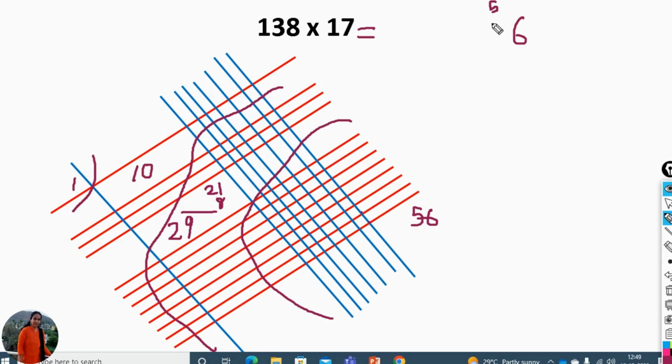So 29 plus 5 is 34. So balance 3. Next is 10. 10 plus 3, 13. Balance 1. So 2. So I think we got the answer. 138 into 17 equal to 2346. So you can check the answer whether it is right or wrong and you can comment me. Okay. So let us go to the next problem.